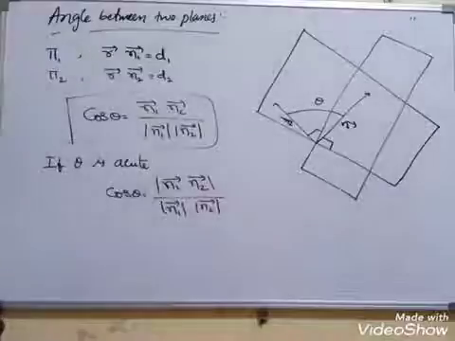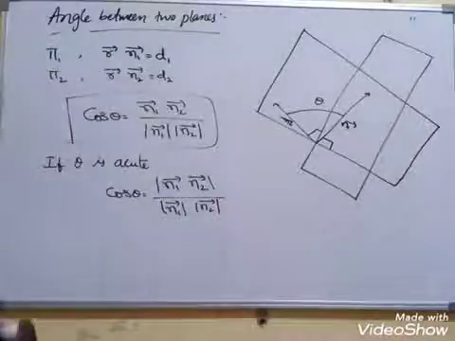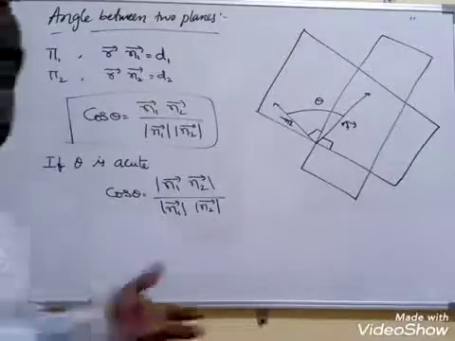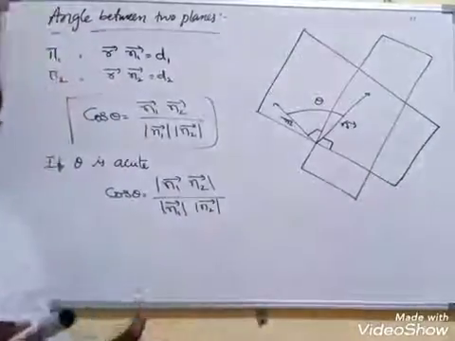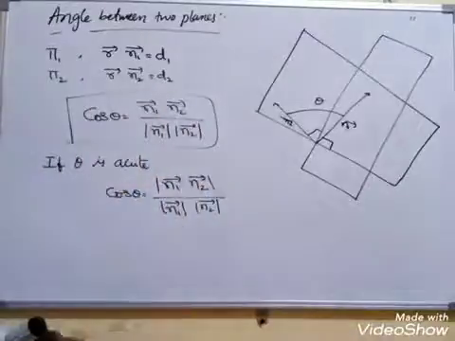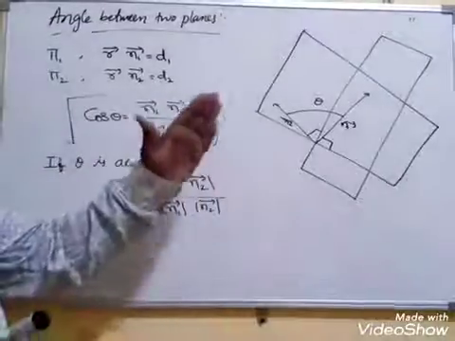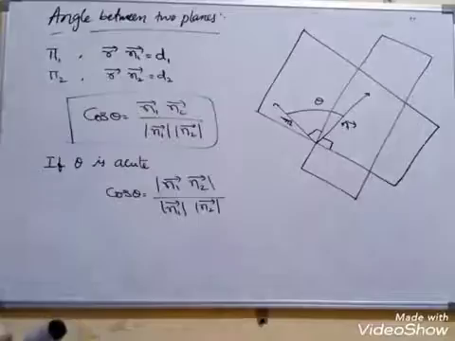This is the angle between two given planes. That means, once again, the angle between two planes is defined as the angle between their normals.